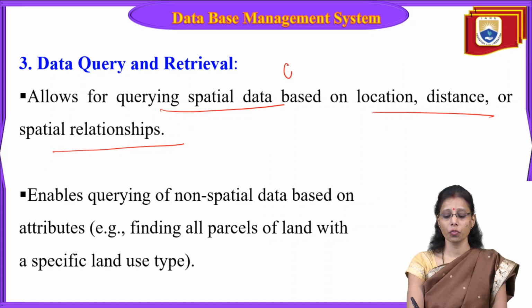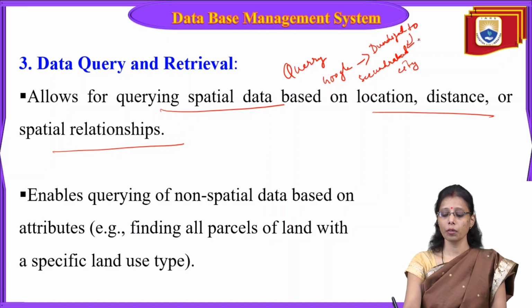For example, let us do a query in Google. We'll type here Secunderabad city, Dundigal to Secunderabad. Immediately, if you type in Google, what you will get?